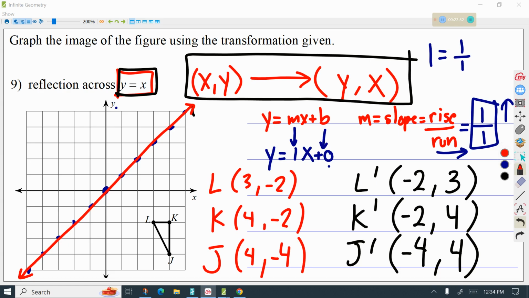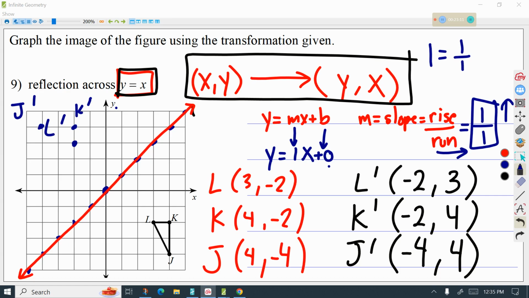So if I put those points here, we should have exactly what we need. So I go left 2, up 3. Call that L prime. K prime will be left 2, up 4. So I call that K prime. And then J prime says to go left 4 and up 4. So that right there is my J prime.